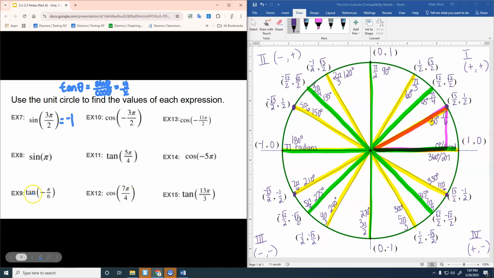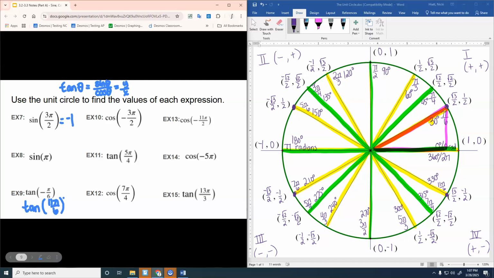So we could say tangent of negative pi over 6 is the same as tangent of what other angle right there? What would we call this point right here? We could call it negative pi over 6, but it's in the same spot as 11 pi over 6, right? The value that's actually on the unit circle.